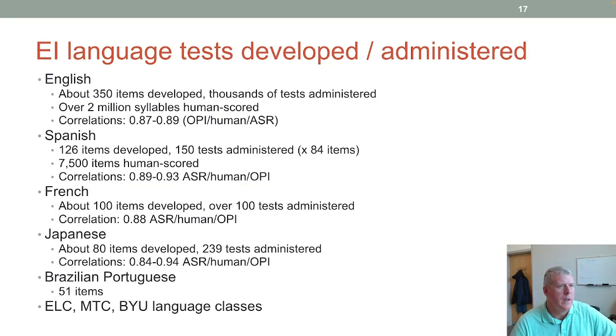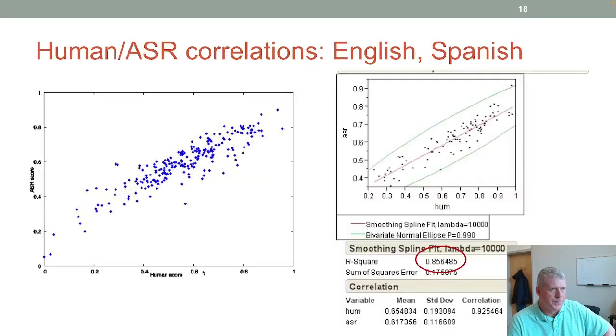And they got really good correlation between human rating of elicited imitation tasks as well as the ASR, or forced-aligned, computer-generated score. Good correlations between the humans and the computer system rating these elicited imitation tasks.